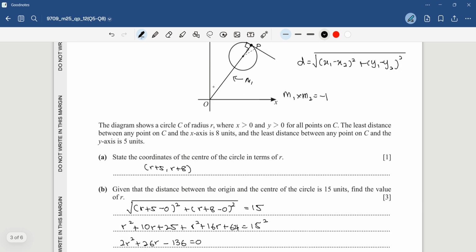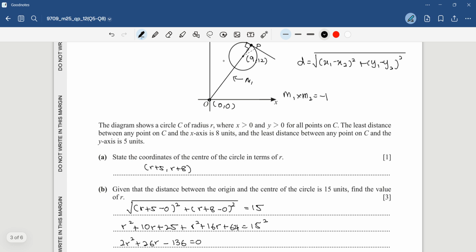Since we know the coordinate here is 0, 0, and the coordinate here is actually r plus 5, r plus 8. Just now my r is 4, so r plus 5 is 4 plus 5, which is 9, and r plus 8 is 12.